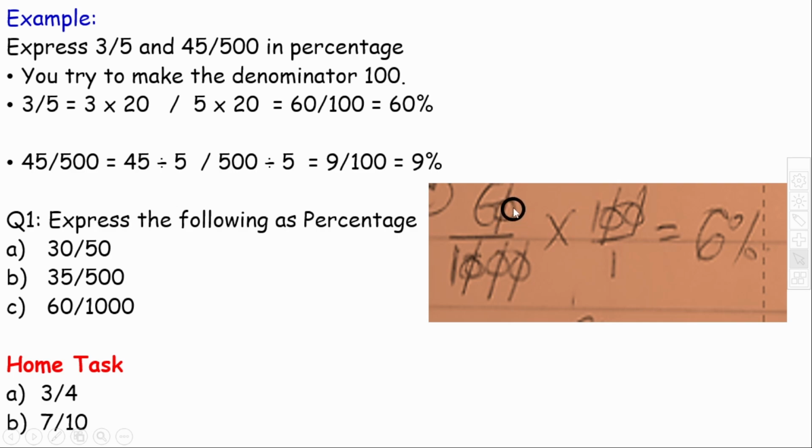We still observe that there's another 0 here and another 0 here. So we cancel 0, 0. So it becomes 6 times 1, 6, and 1 times 1, 1. It becomes 6 all over 1, which is the same thing as 6. So it has become 6%. So the final answer is 6%.